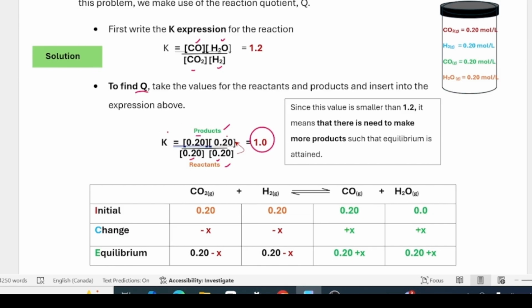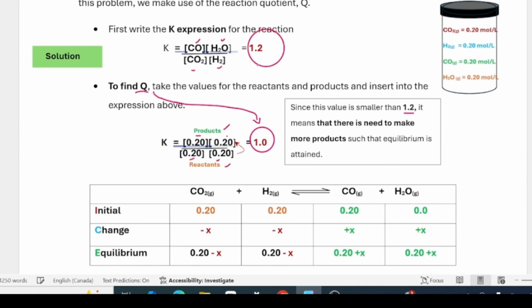But that is not what K is. This is a value that we call Q. Now if we compare Q with K, we see that Q is less than K. So what is happening in these types of reactions is that there will be internal adjustments between the products and reactants in such a way that when the final equilibrium concentrations are attained and you put them in this expression here, you will end up with a value of 1.2.